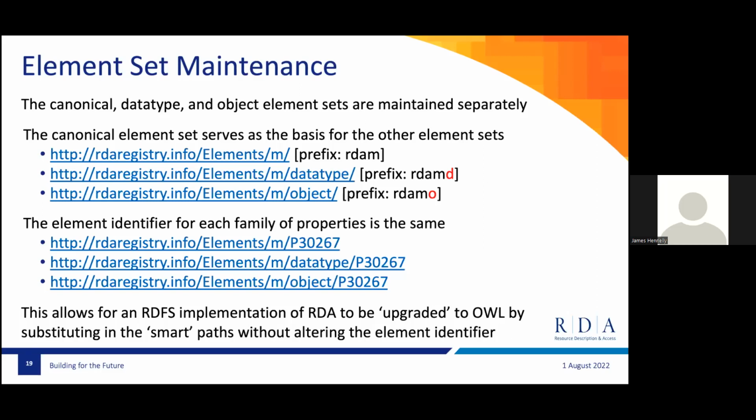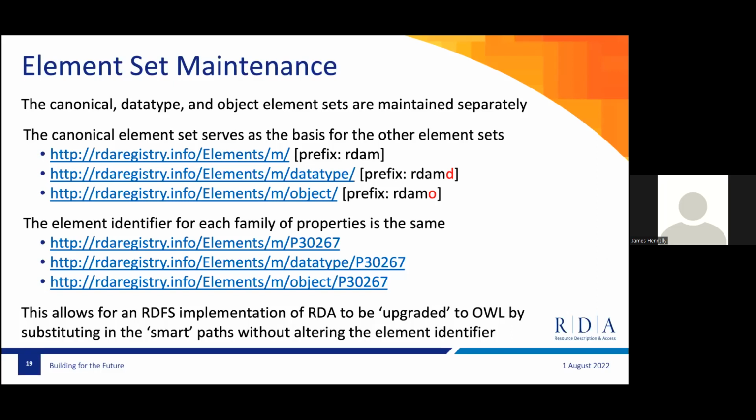Now, within each of these element sets, the element identifier is the same. So for this particular one, element P30267, it's also P30267 in the data type set and in the object set.